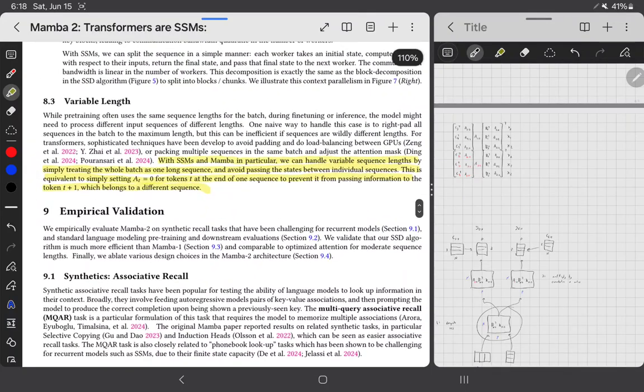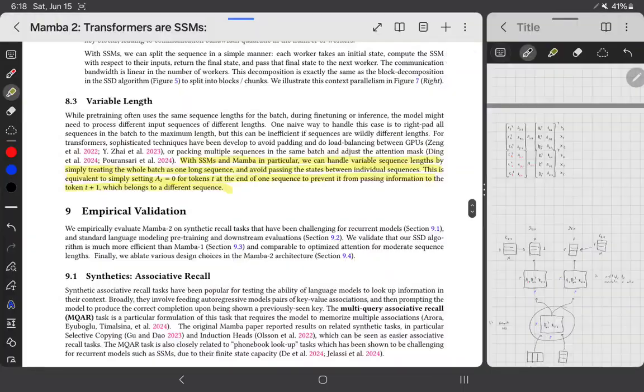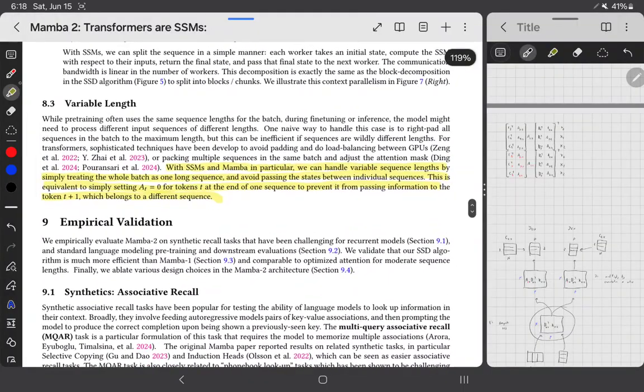8.3. So one cool thing about Mamba, because it's an SSM, or because it's linear, or because it's an RNN, is they mention here, with SSMs and Mamba in particular, we can handle variable sequence lengths by simply treating the whole batch as one long sequence and avoiding passing the states in between individual sequences. This is equivalent to simply setting A equal to 0 for tokens T at the end of one sequence to prevent it from passing information to token T plus 1, which belongs to a different sequence.